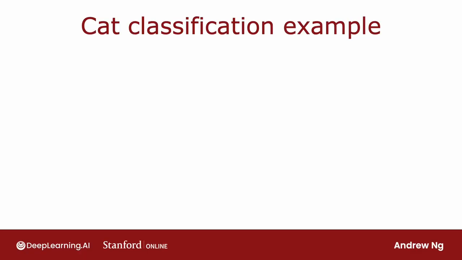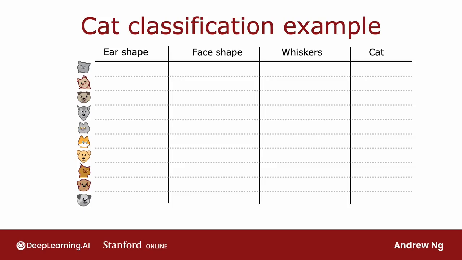Let's dive in. To explain how decision trees work, I'm going to use as a running example this week a cat classification example. You're running a cat adoption center, and given a few features, you want to train a classifier to quickly tell you if an animal is a cat or not. I have here 10 training examples.